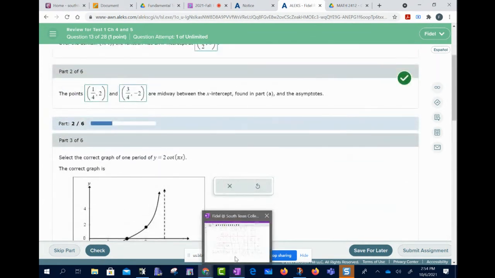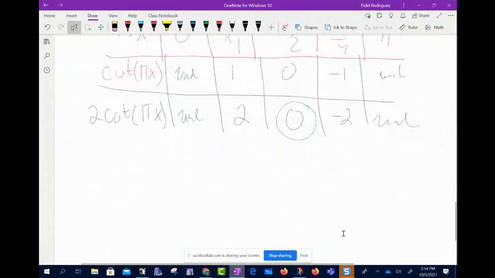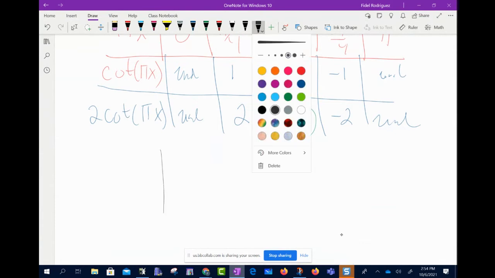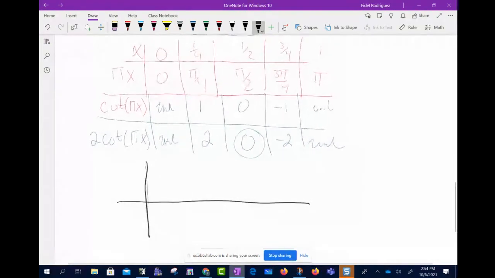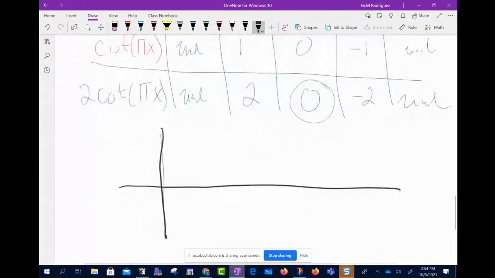Okay, so let's come back over here. And we don't necessarily have to graph it, but what I want to show you all real quick, just so you get an idea. Let me make this a little bit bigger. Here we go. Okay, so remember the x values we had were 0, 1/4, 1/2, 3/4, and 1, right?